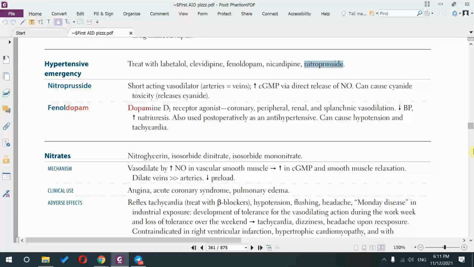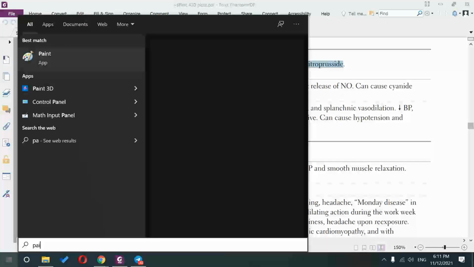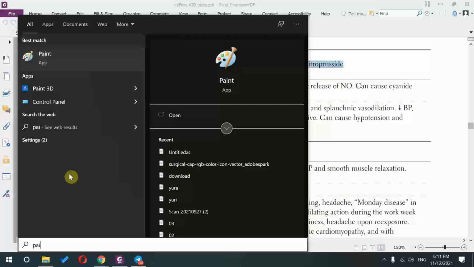Leads to vasodilatation. If you have vasodilatation, what will happen to your heart rate? What will happen to the heart rate in vasodilatation? Here is the thing, when your vessel increases in size, you will have a reflex tachycardia.